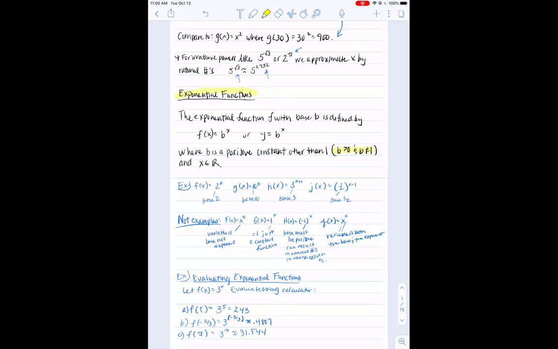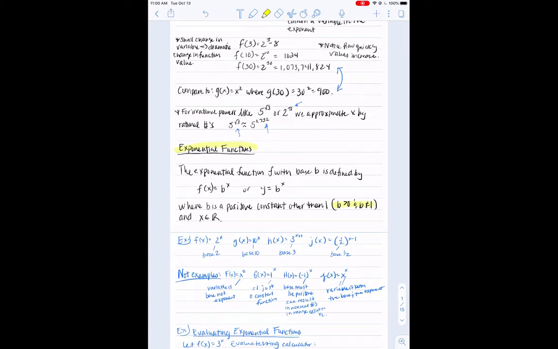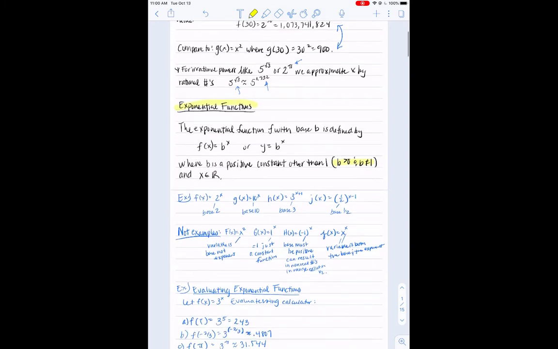Your book uses a for the base, but I like to use b because base starts with the b, but it's the same thing. And additionally, when I was talking about approximating x by rational numbers, usually those are the ones we use the calculator for, but I'll show some examples of that.